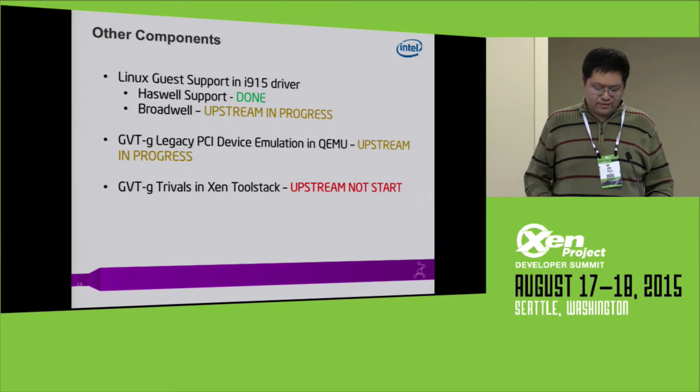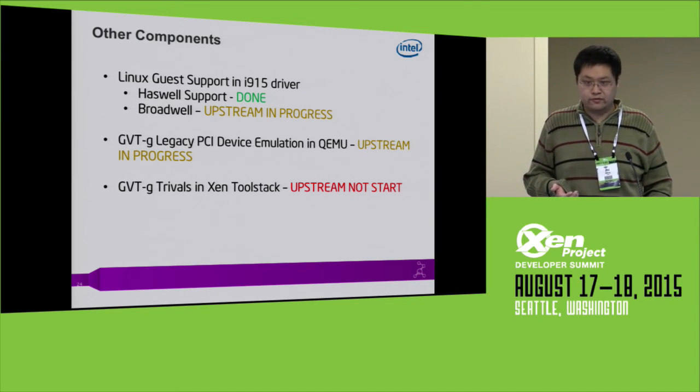For other components, for Linux guest support in the i915 driver, our guest support on Haswell has been merged, and for Broadwell we are still in the process of upstream. Because we emulate a GPU to the guest, there should be a legacy PCI device in QEMU, and this part is still in the process of upstream by some colleagues from Fujitsu.